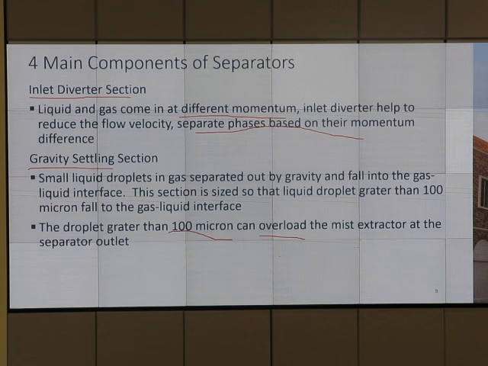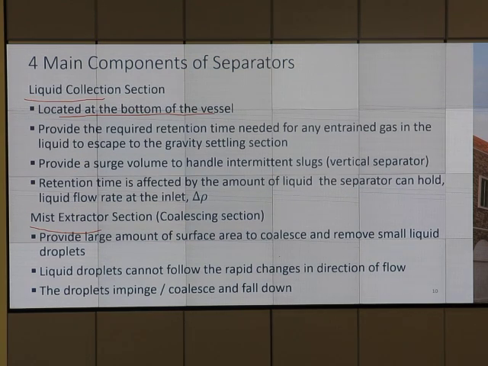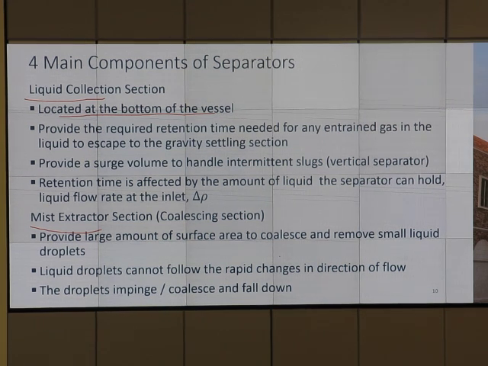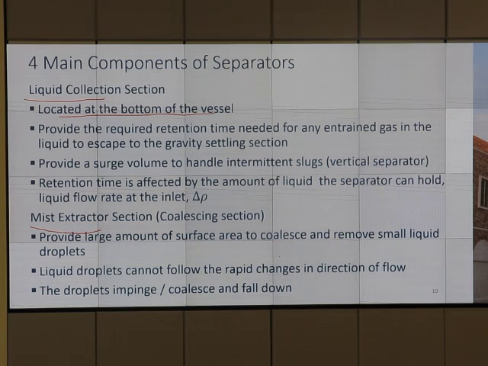Okay, main component. Retention time is affected by the amount of liquid in the separator. We talk about this, right? If we have a high liquid level in the horizontal separator, just the top part, there's not much cross-section area for gas to flow, right?